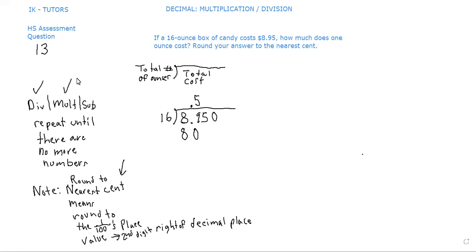That takes care of the division. Now the multiplication: 5 times 16 is 80. We write that under the 89. Now we subtract that 80 from our original 89, which gives us 9. That takes care of the subtraction.